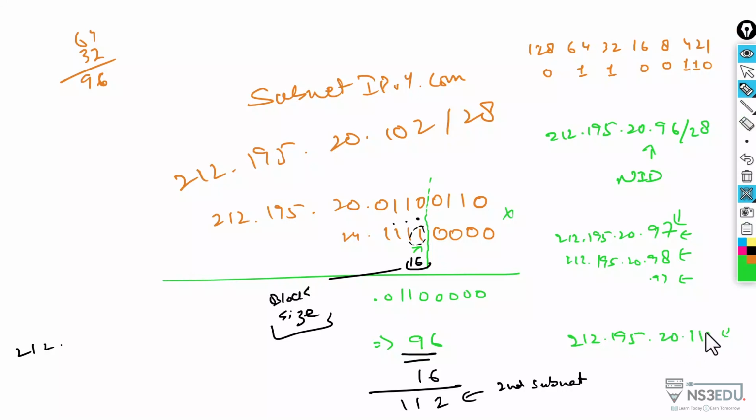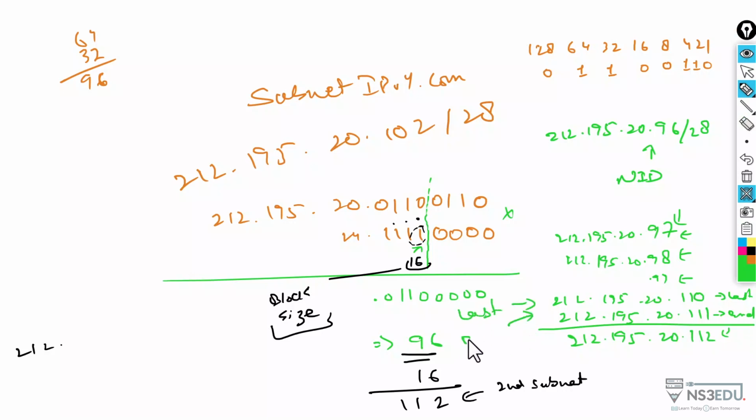That is the second subnet. Just before that you have 212.195.20.111, and before that 110. That is the last IP, and that is the broadcast IP. Okay, I'm going to write it here, last and broadcast.